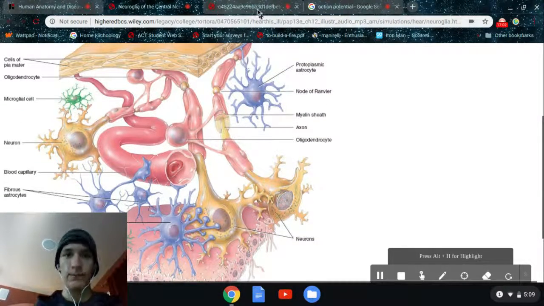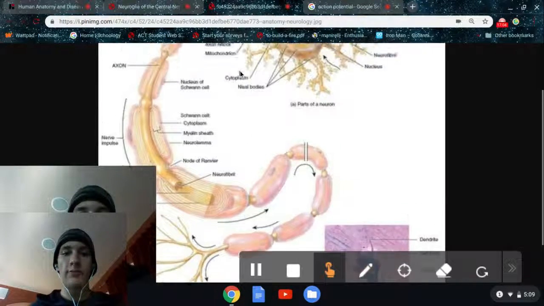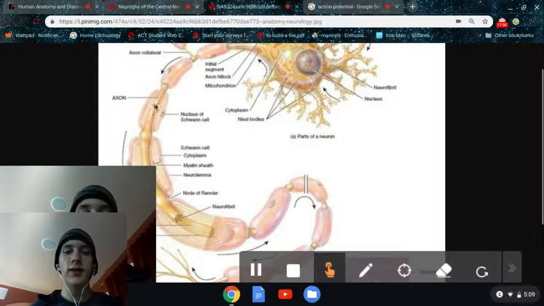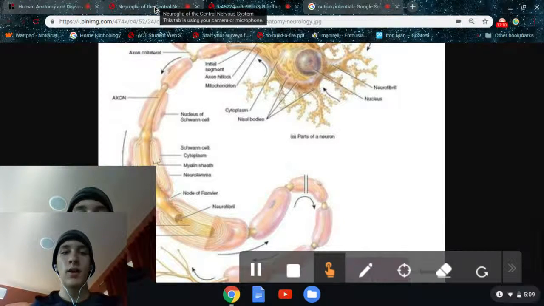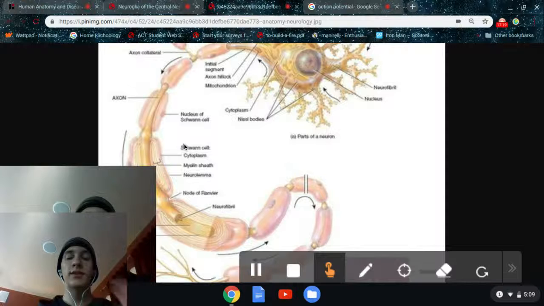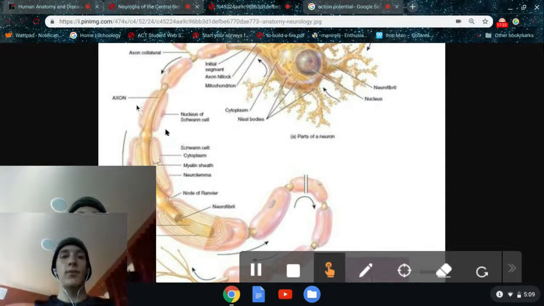Pretty important. Another kind of neuroglia is Schwann cells. So Schwann cells are to your body as oligodendrocytes are to your brain. Schwann cells make the myelin sheaths in your peripheral nervous system.